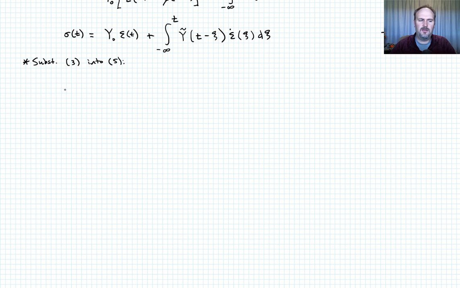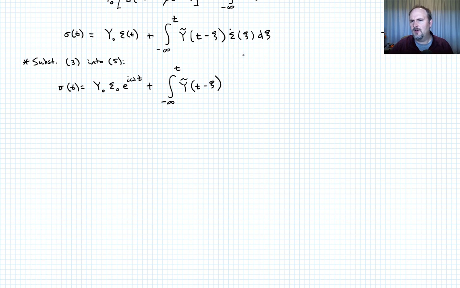Okay, and when we do that, we have sigma as a function of t is equal to Y naught times now epsilon naught e to the i omega t, okay, plus the integral from negative infinity to t of Y tilde of t minus xi.